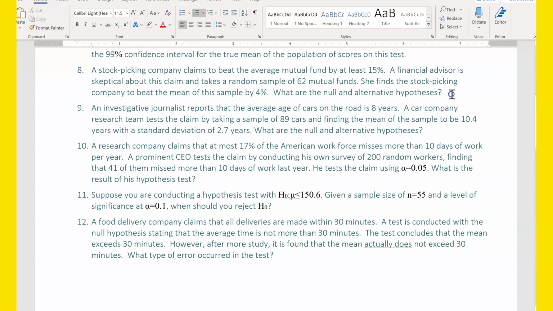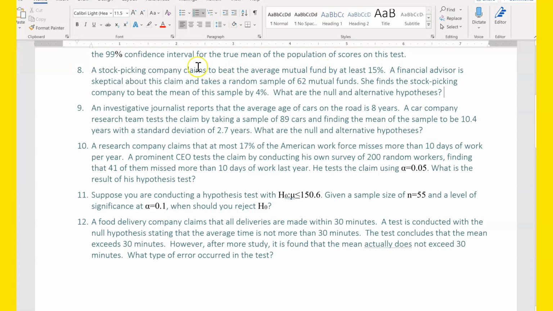So, hopefully you've watched the Chapter 7 video and done the Chapter 7 assignment, but this is all about Chapter 7.1. The null hypothesis is the hypothesis that has any sort of an equality in there, like equal to or greater than or equal to or something like that.